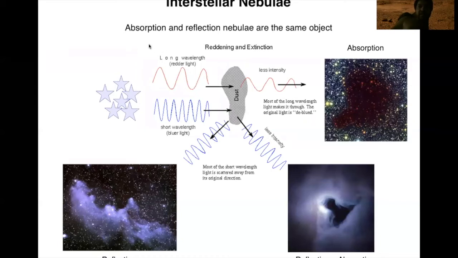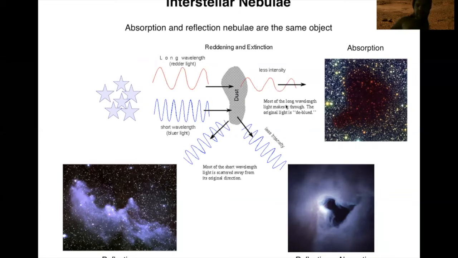In fact, absorption and reflection nebulae are the same object. Imagine a situation like this. You have the cloud here, you have background stars, you have red wavelengths, and you have bluer wavelengths. The red wavelengths are just going to go right past it. It's like infrared. So you're going to have less intensity. It's going to be absorbed somewhat, but it's going to pass.